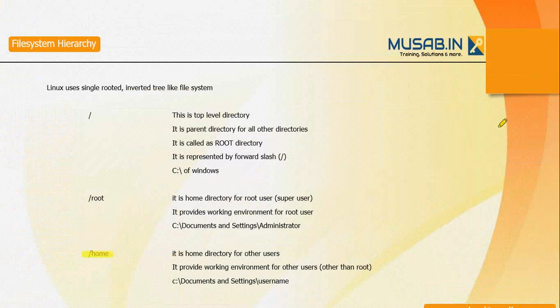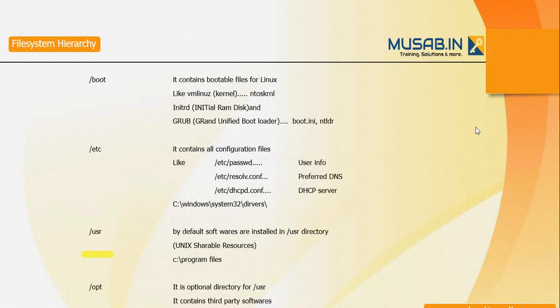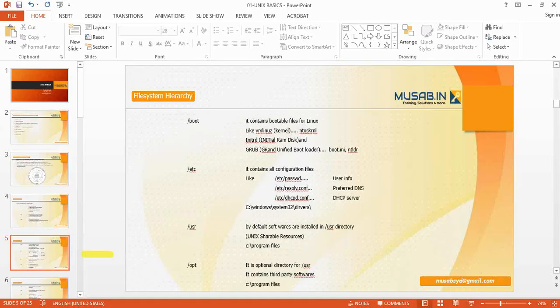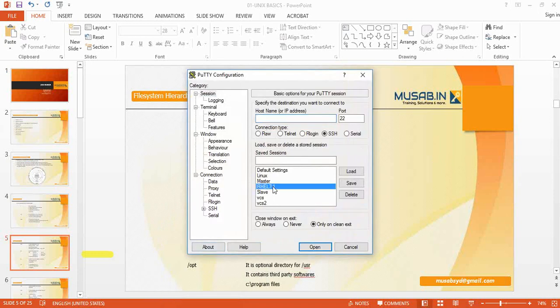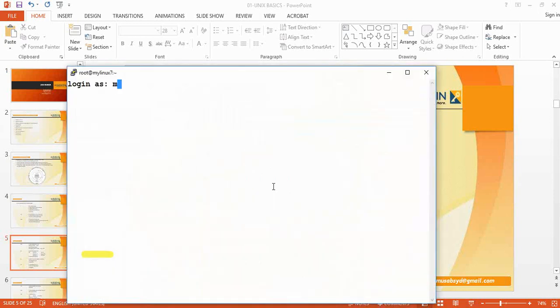So let me log in with another user and let me show you the point I'm trying to convey. Let me this time log into the same machine with another user called myuser. If you remember, during installation time we created this user. So I'm not doing any magic. It's already created.